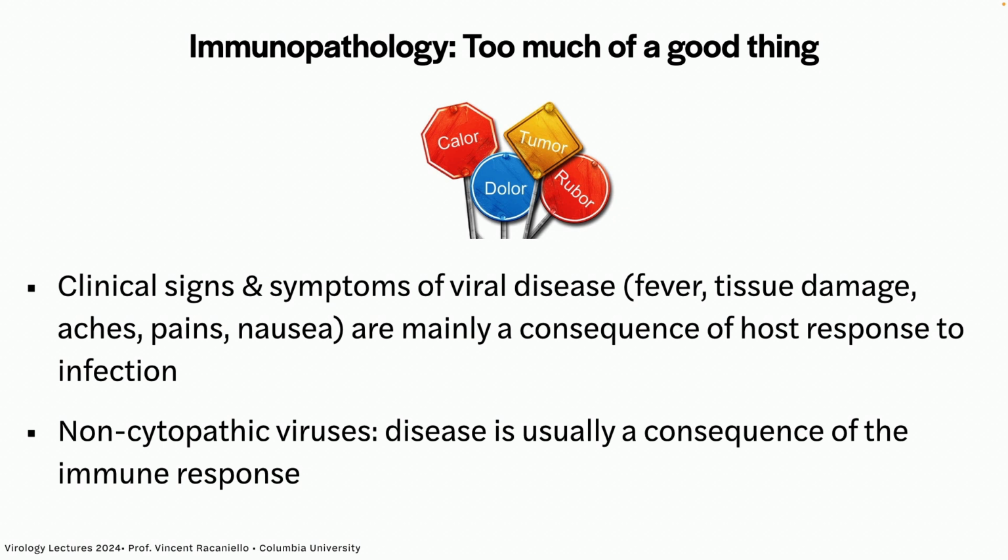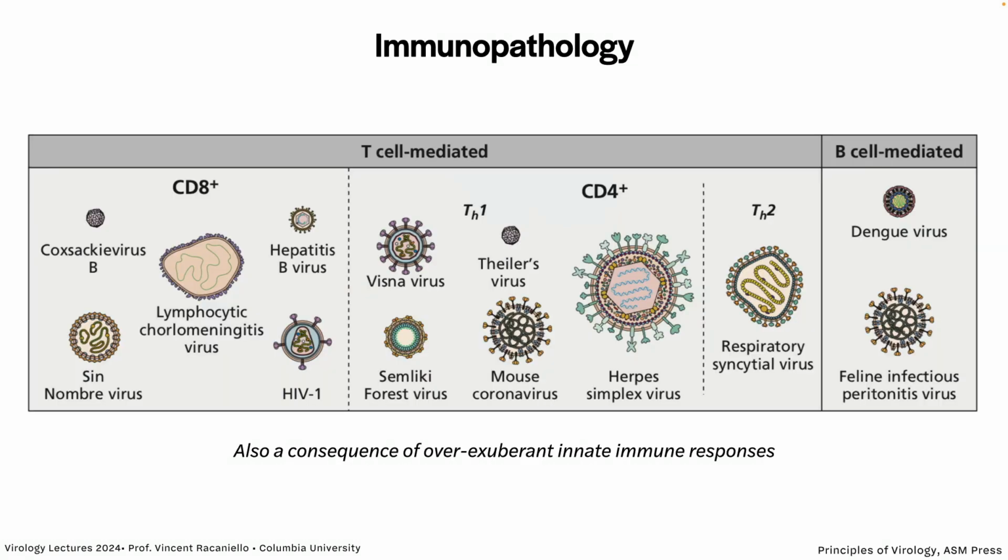Fever, tissue damage, aches, pains, nausea, mental issues, cognitive issues, motor issues, may all be a consequence of the host response to infection. And especially for viruses that don't kill cells, non-cytopathic viruses, right? They're not killing the cell, they're not breaking it up. So what's causing the disease? It's the immune response.